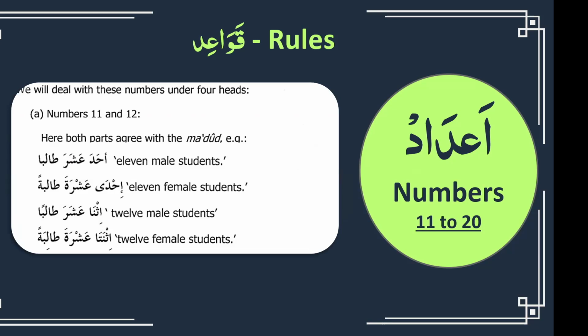In this example, you can see that both parts agree with the ma'dud, meaning ashara taliban and asharata talibatan. With 11, the ashara part is feminine, agreeing with the female student. Over here, ashara is masculine, agreeing with the male student, taliban.